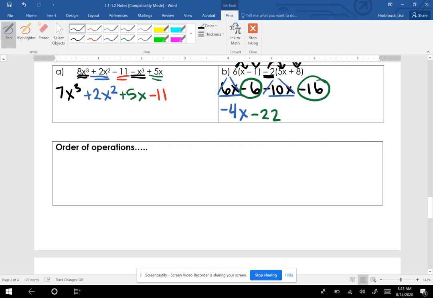Order of operations, I'm sure you guys have heard this before. It's the order in which we simplify problems. So usually people use PEMDAS. Which is fine. There's just some important things to remember here. First, P stands for parentheses.